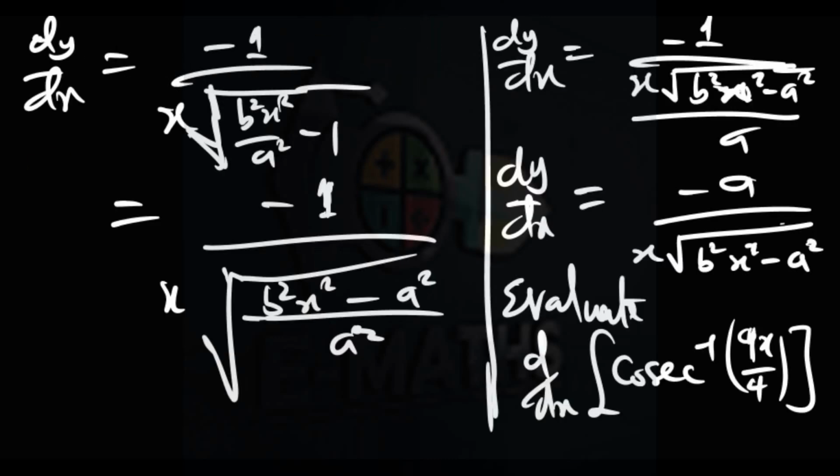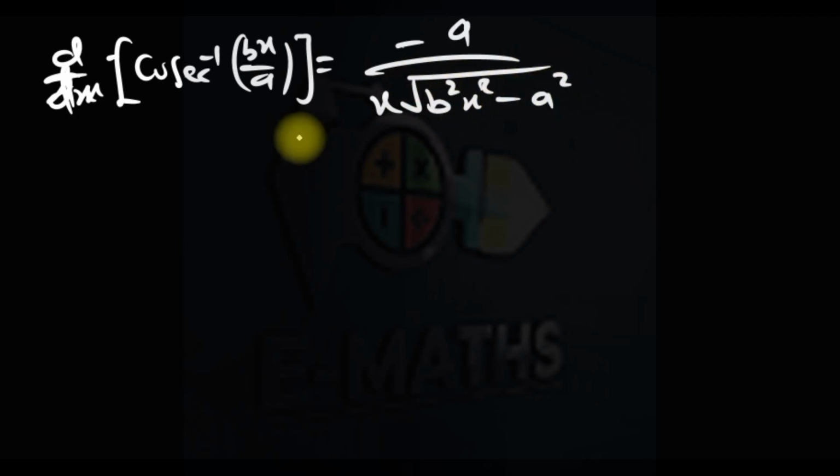We've gotten that d over dx of arccosec of bx over a is equal to minus a over x square root of b squared x squared minus a squared.